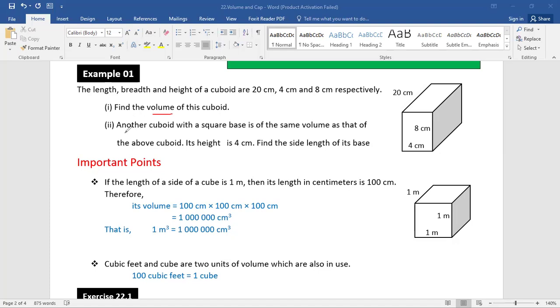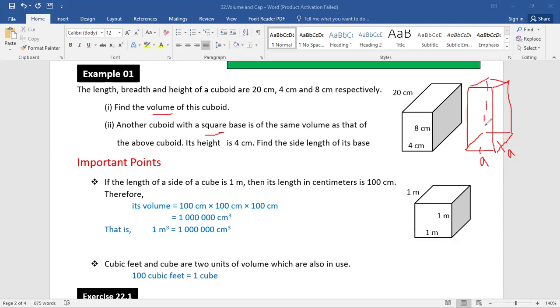If I read this question: another cuboid with a square base. The base is the below part, which is a square, so the length of this side is equal to this side, something like this. I am just helping you, no need to draw this.